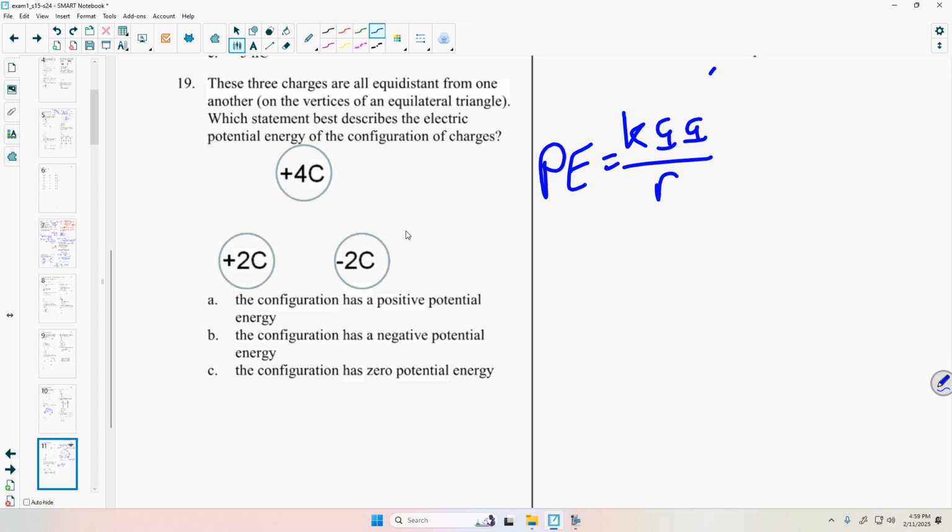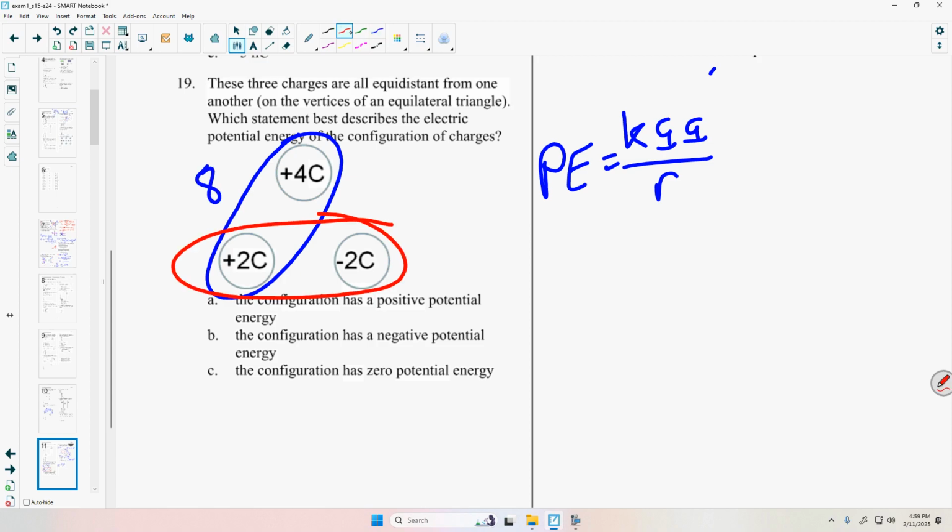Let me show you. So these 2 charges have an energy of 4 times 2, that's 8. These 2 charges have an energy of +2 times -2, that's -4. And then these 2 charges have a potential energy of -8. Those numbers aren't really the values of potential energy, but I'm only asking if it has positive or negative energy.